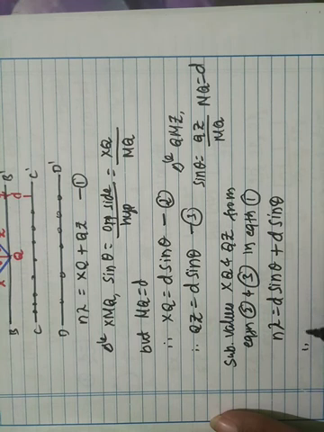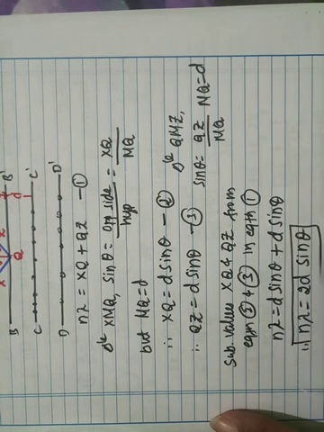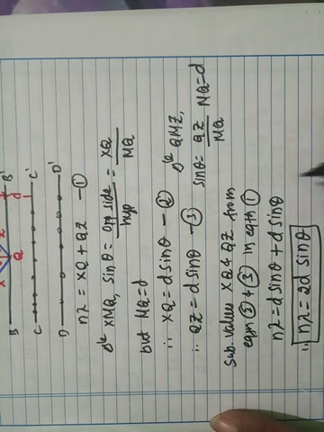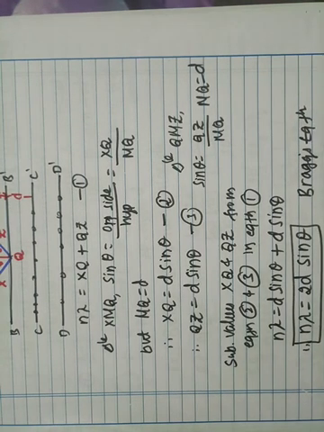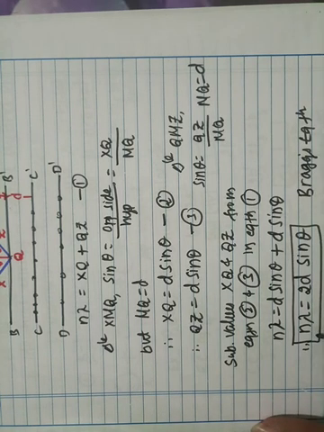Therefore n lambda is equal to 2d sin theta. This equation is called the Bragg's equation for a crystal, where n is the order of the reflection, lambda is the wavelength of the X-rays, d is the interplanar distance, and theta is the angle of reflection.